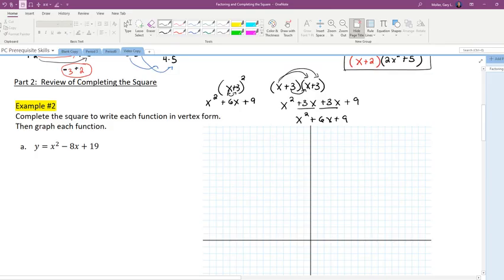Okay, so I wanted to go over that because if we look at this in reverse and I tell you to factor this, then it's obviously going to go back to this. But how do we recognize it, or how do we do it? Well, what I do is I'm going to just do a check. I'm going to take half of 6, which is 3, and I'm going to do 3 squared, which is 9.